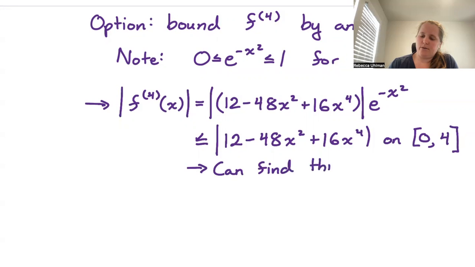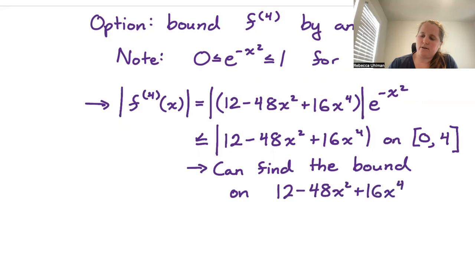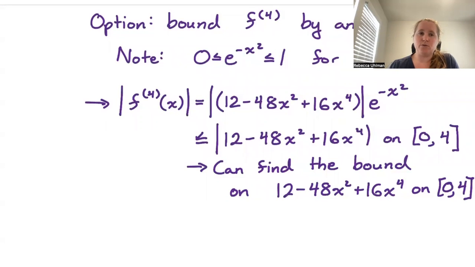So if we find the bound on 12 minus 48x squared plus 16x to the 4th on 0, 4, that will serve as a bound on the original function. Another option is to simply graph the function and find the bound visually.